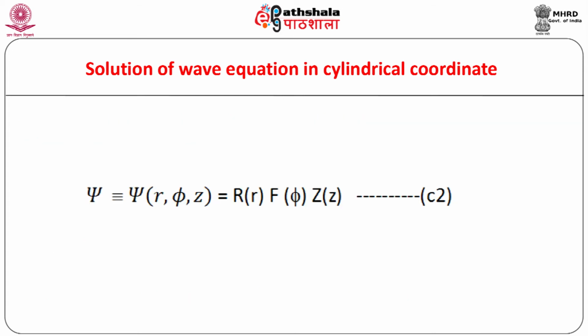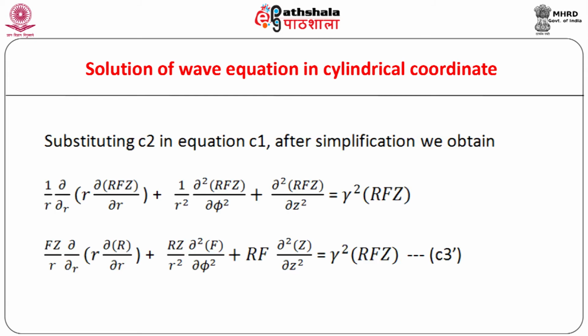For application of the method of separation of variables, express psi as a product of three functions R, F and Z, which are functions of only one variable, namely r, phi and z respectively. Substituting expression C2 in equation C1, after little simplification, we obtain the expression as shown.